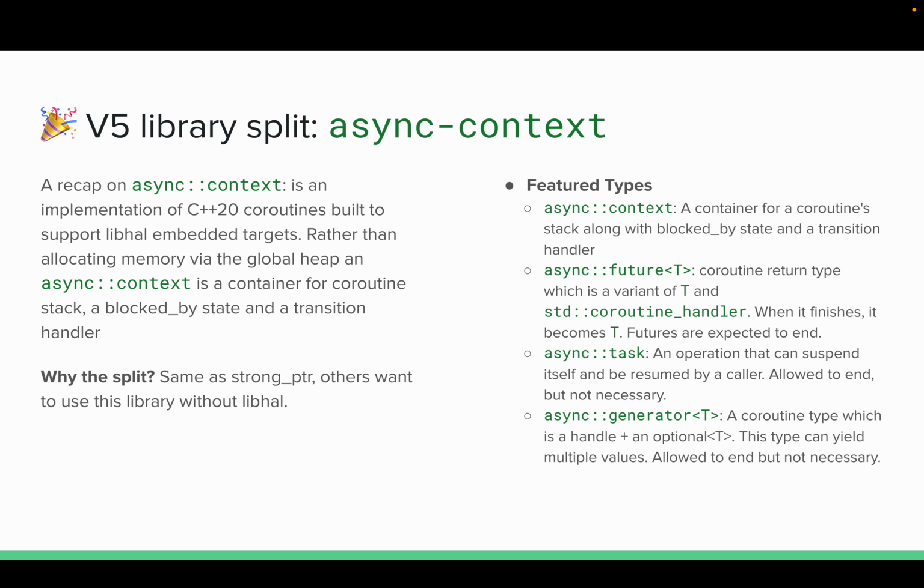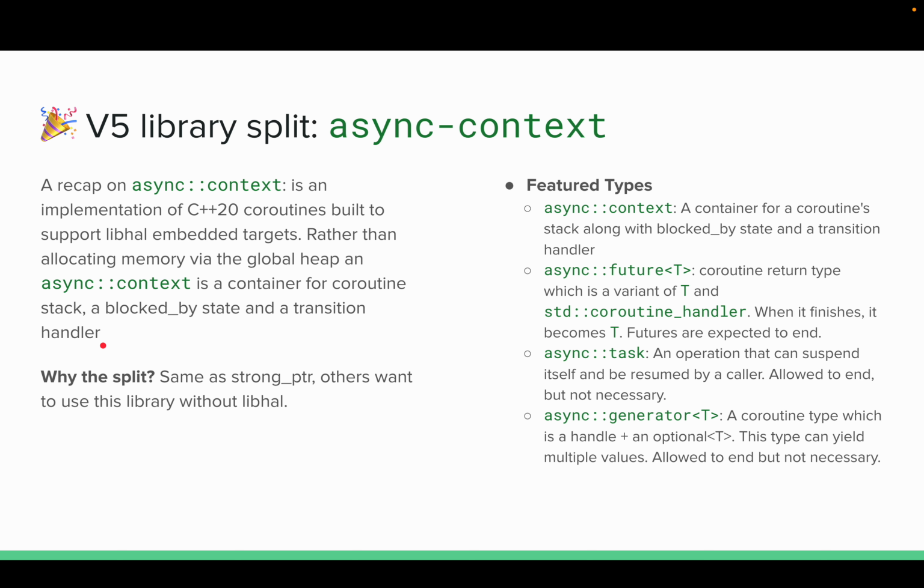Then, perpendicular to that, you have your async context, which, every time you co_await something like that, and you have another coroutine you're going to call, it'll use the memory in the stack after the previous frame. Nice and compact. There's a block by state that tells you what state the operation was blocked by, either by IO or something like that, and a transition handler to handle what happens when you are blocked by something.